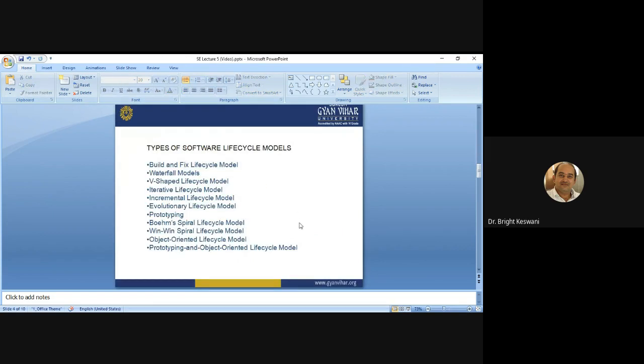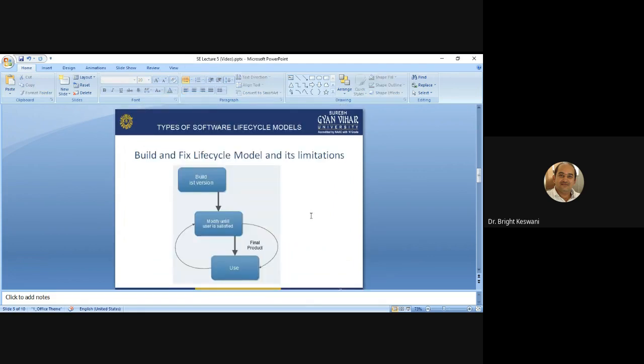Then we had a discussion about types of software lifecycle model, although there are several models, and learning of these models is a time consuming activity. In this class we had discussed the build and fix lifecycle model and the waterfall lifecycle model with proper illustration.